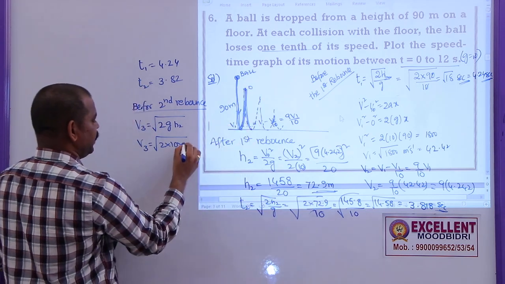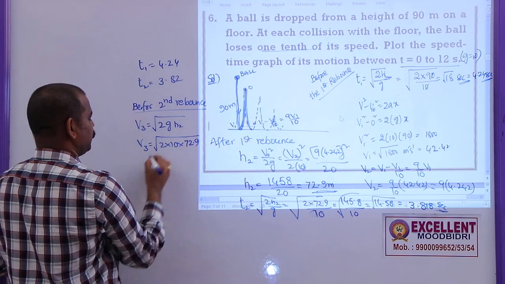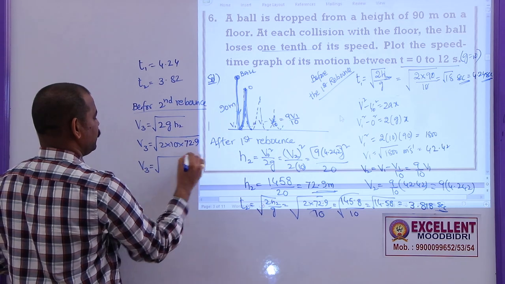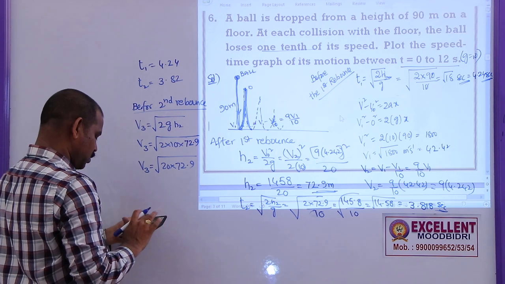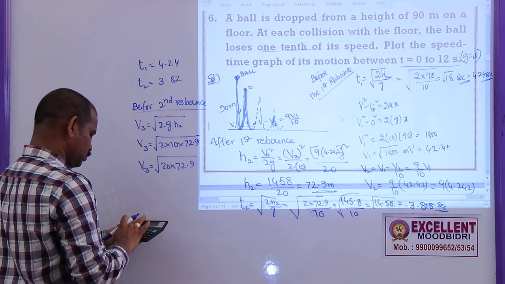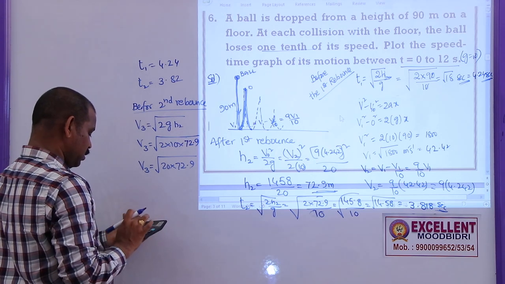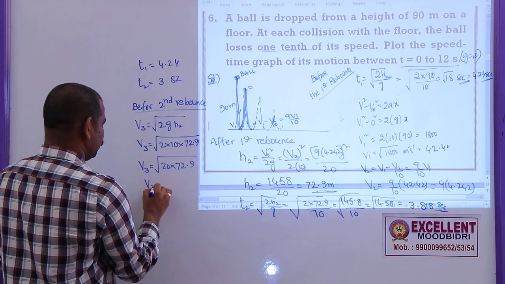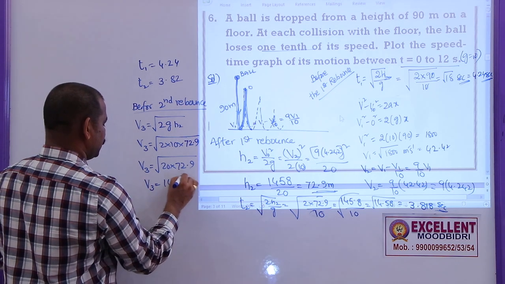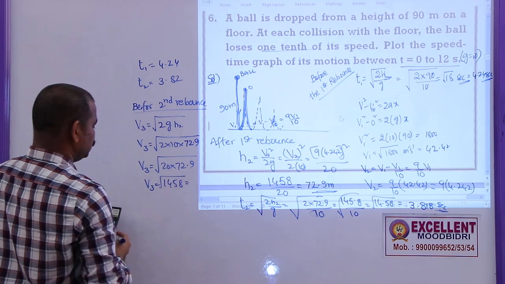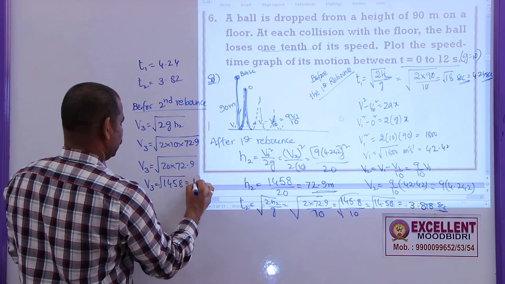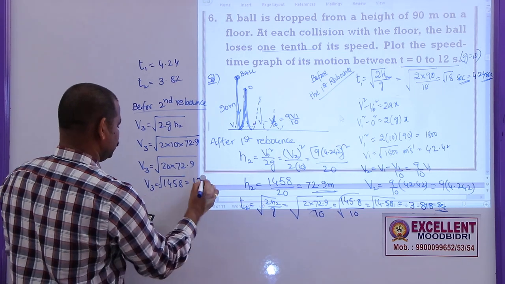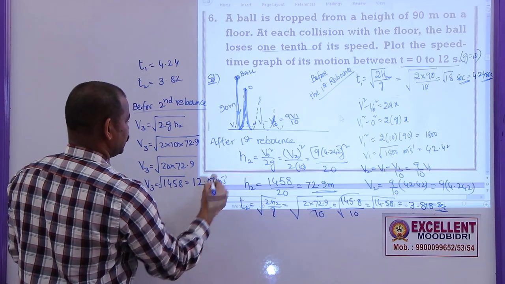It is falling from the same height 72.9. So, V3 is given by 20 into 72.9, which is 1458. So, V3 is equal to root 1458, which is 12.07 meter per second.